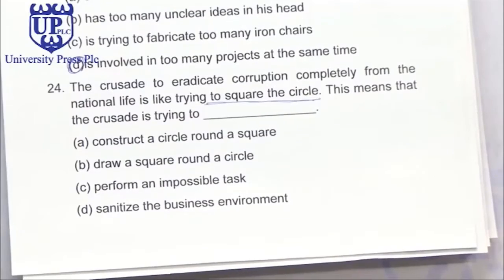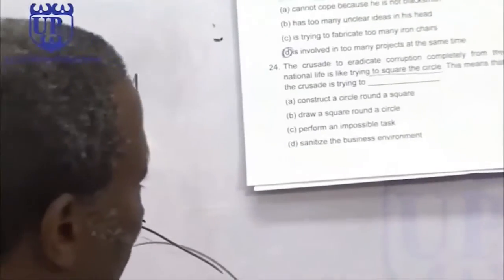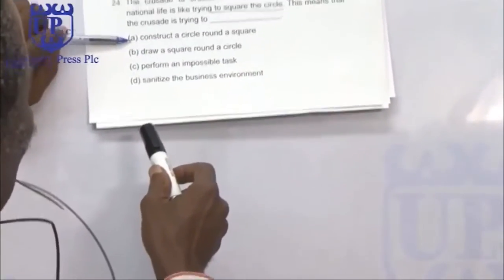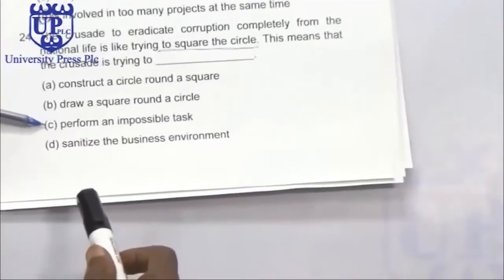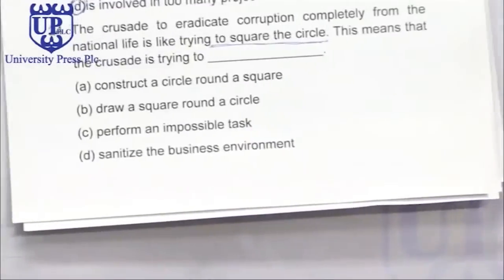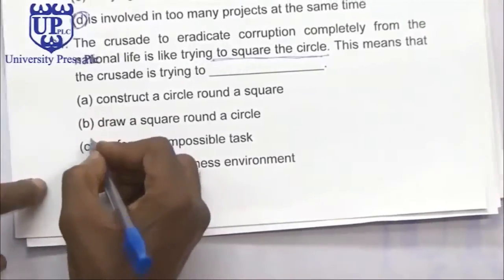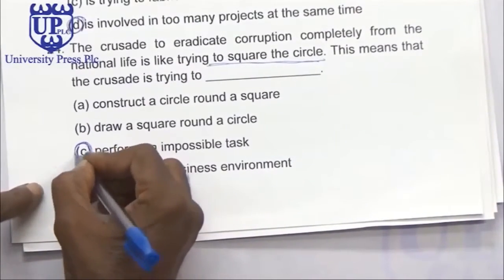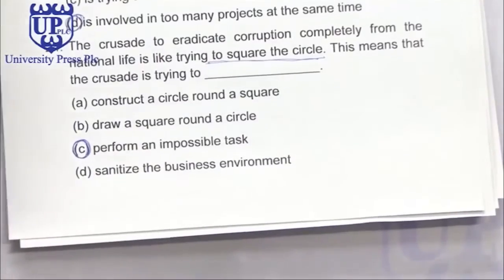How can you have a perfect square in the circle? So from that one, you actually guess the meaning. This means that the crusader is trying to do what? Perform an impossible task, which is the meaning of that idiom. Trying to square the circle. That's number 24.